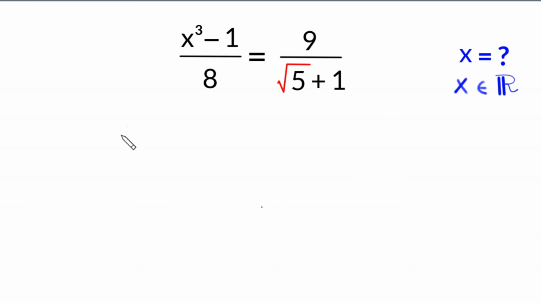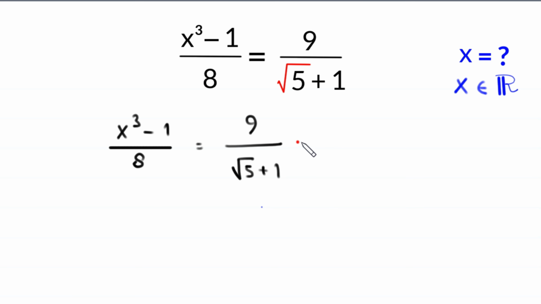So the equation will become x cubed minus 1 divided by 8 is equal to 9 divided by root 5 plus 1. To rationalize the denominator, we multiply and divide by root 5 minus 1.